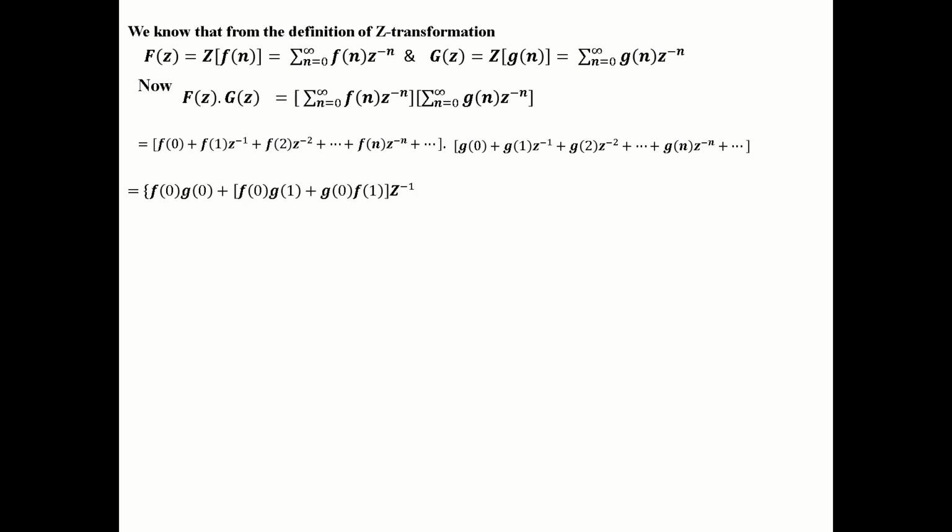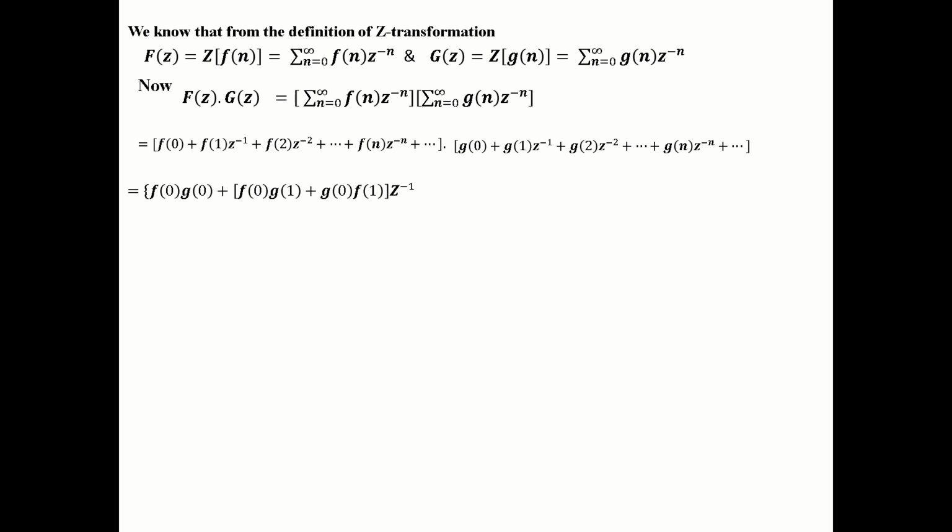So multiplying each and every term, f of 0 into g of 0. Next is the z power minus 1 term. F of 0 in the first bracket and g of 1 in the second bracket: f of 0 into g of 1 z power minus 1.